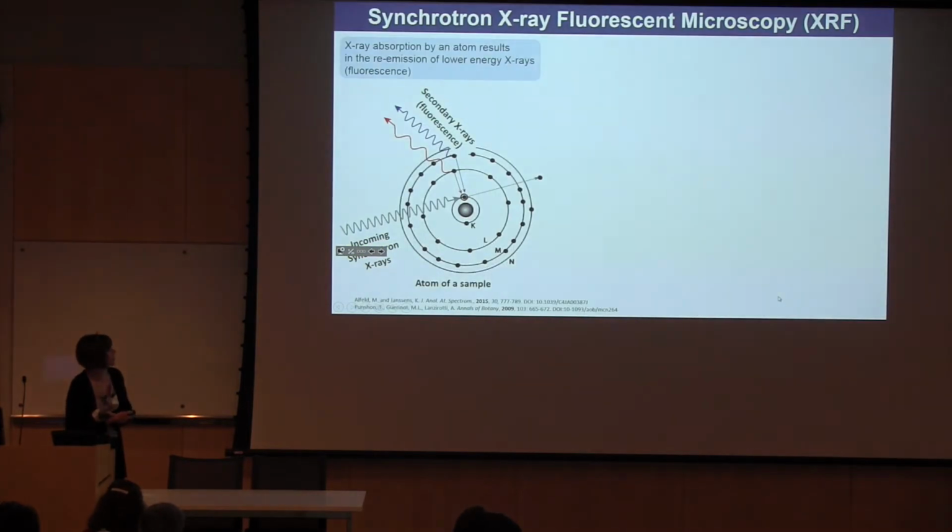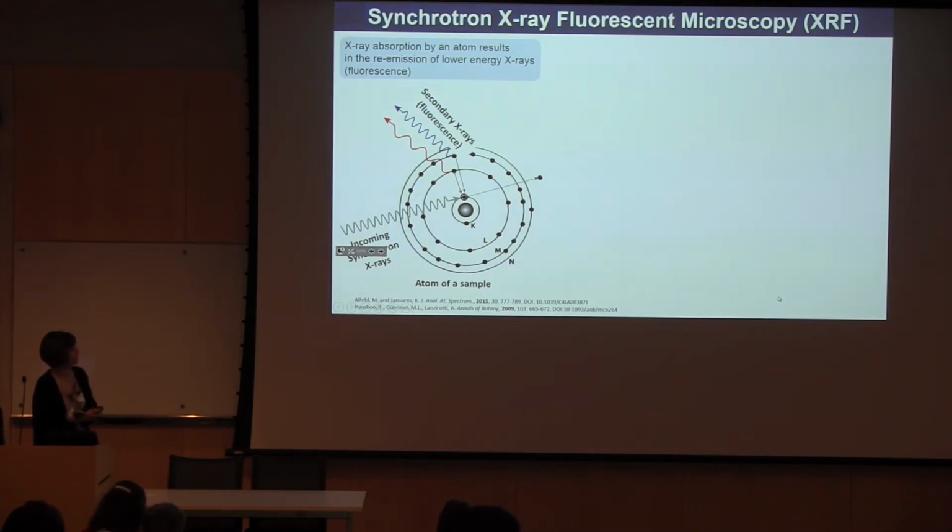So what is XRF, first of all? XRF is an imaging technique which allows you to visualize the spatial distribution of elements in a sample at different resolution scales. In a nutshell, very simplistically, XRF is based on the detection of secondary X-rays, or what we call fluorescence, which are emitted by atoms of the sample when the sample itself is rastered through with X-rays, really high energy X-rays that are generated at a synchrotron.